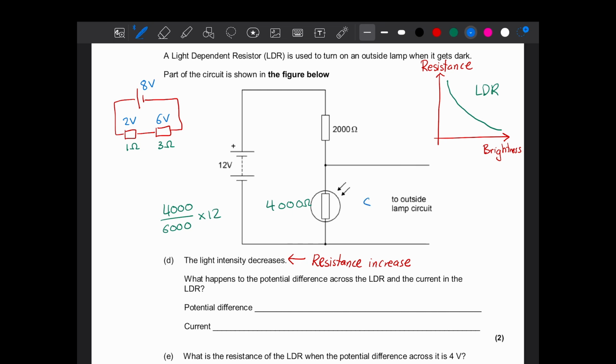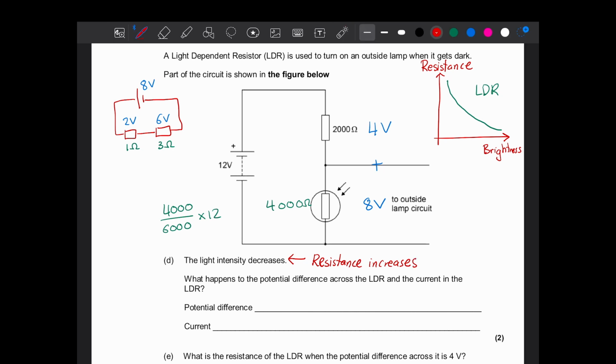So I'll write that over here. That's 8 volts across the LDR, and 2000 over 6000 gives us 4 volts across the fixed resistor over here. Notice how when I add those together, I get 12 volts, which is the original potential difference at the power supply.